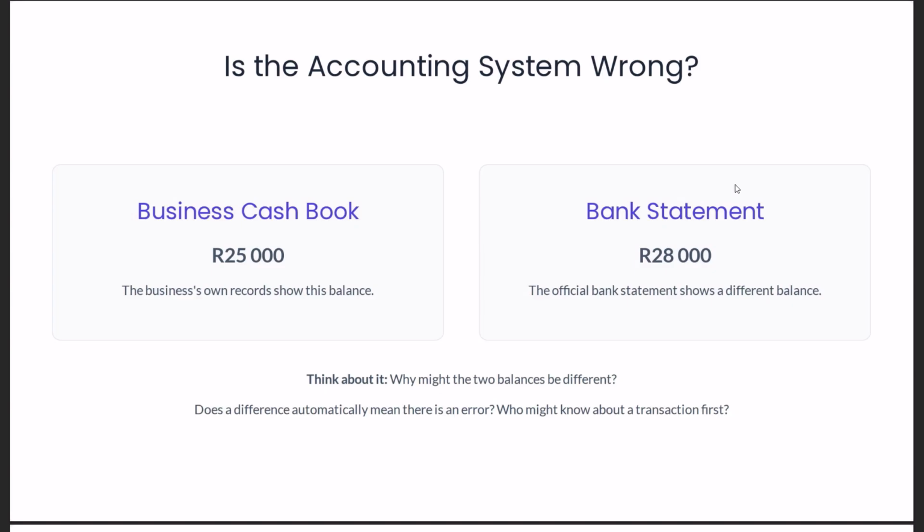However, what is in the business records must agree with what is on the bank statement. But in our case, the balances are different. Ask yourself a question. Why is it that these balances are different? What could have happened?